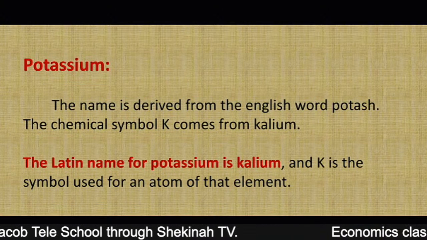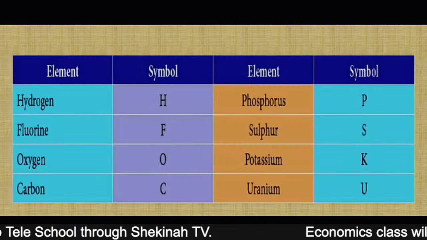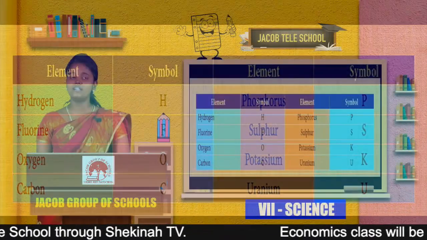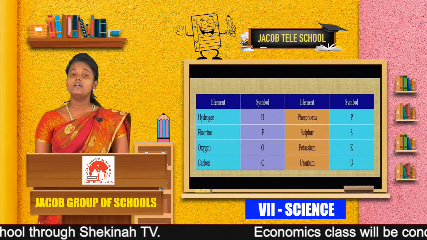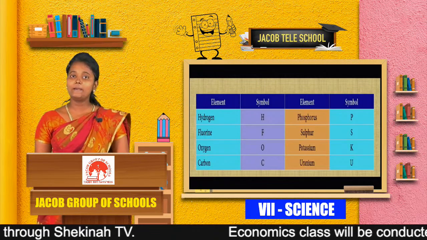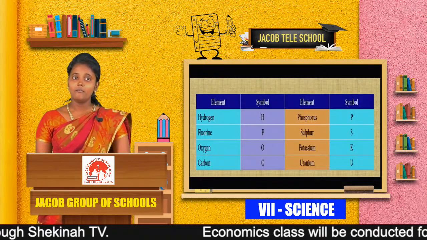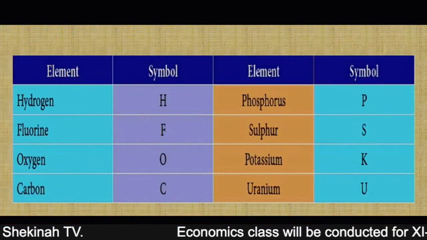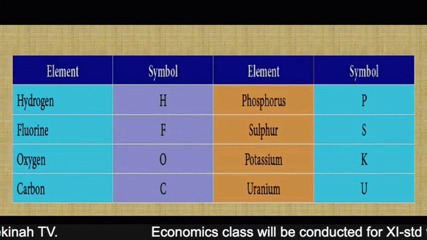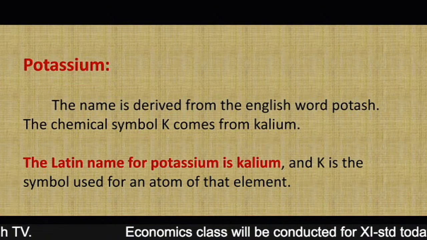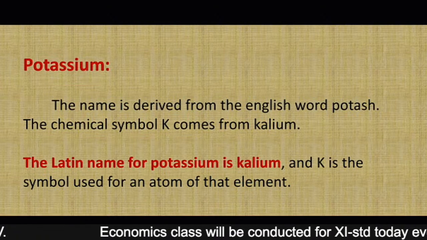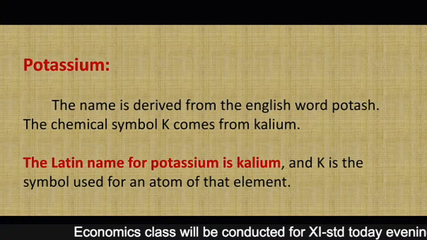Okay? இங்க பாத்தீங்கன்னா potassium என்கிற word started with capital letter P. Am I right? பட் ஆனால் இங்கே கேபிட்டல் லெட்டர் K கொடுத்துருக்காங்க. Why? எதுக்காக இதை கொடுத்துருக்காங்க? Because the name is derived from the English word potash.